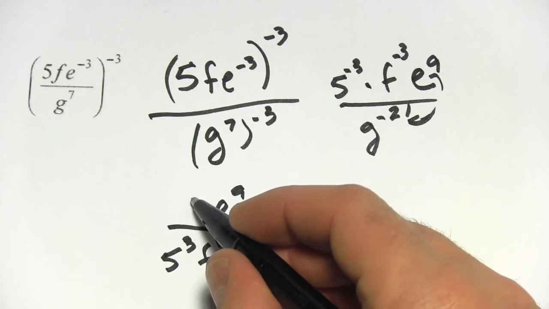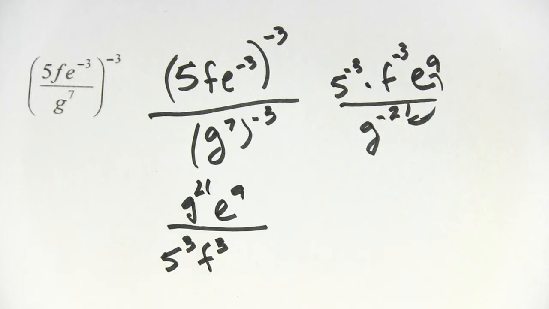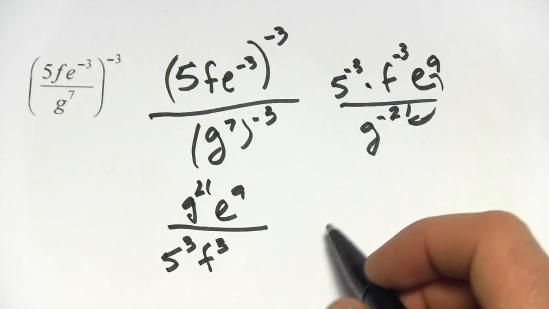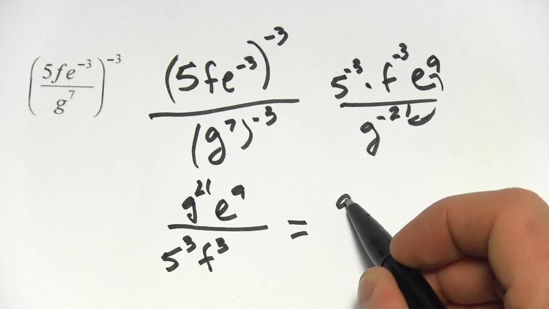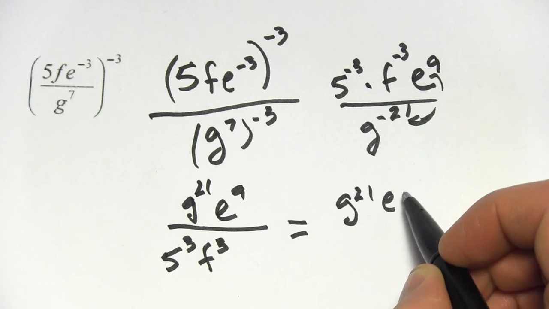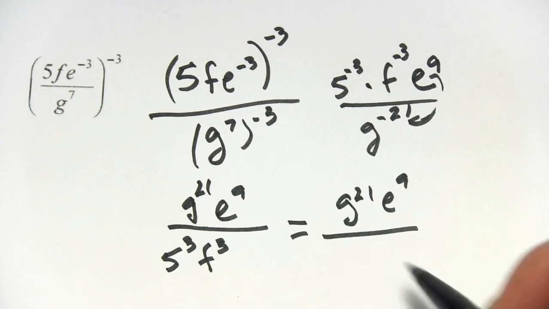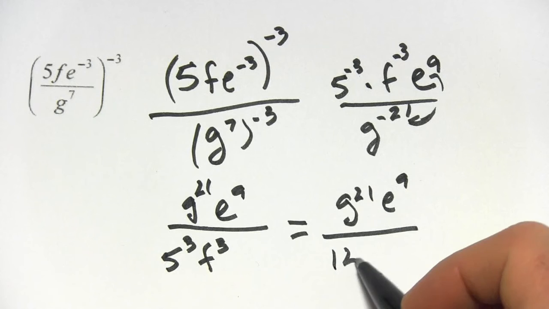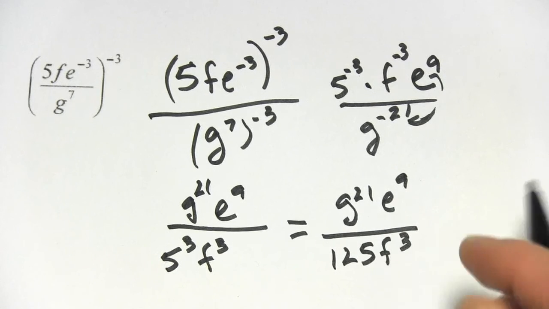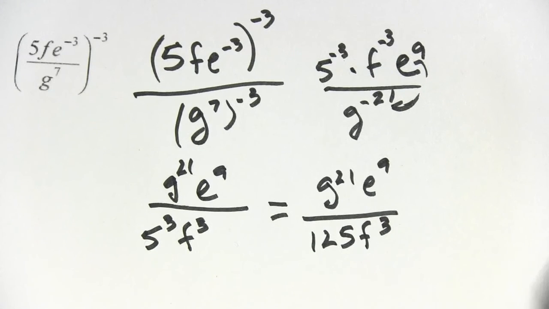So this is g to the 21st. And then we can go ahead and take 5 to the third power. That is 125. So we're going to have g to the 21st, e to the 9th over 125f to the third. So a lot of steps there, but all doable. So that is some work with raising exponents to exponents.